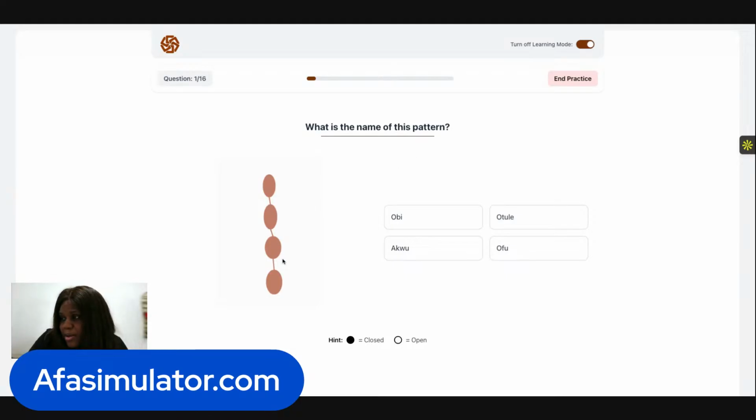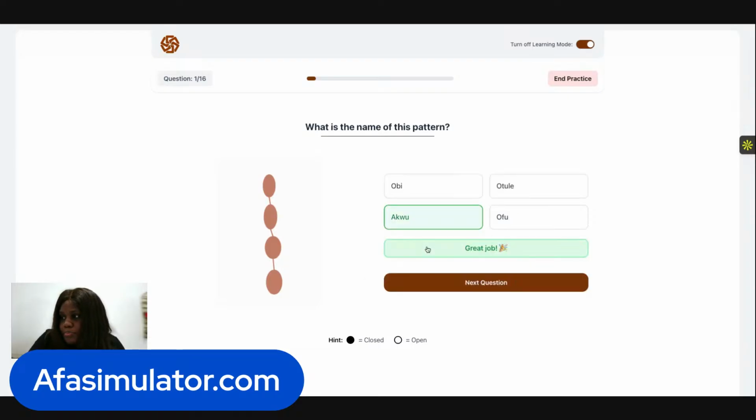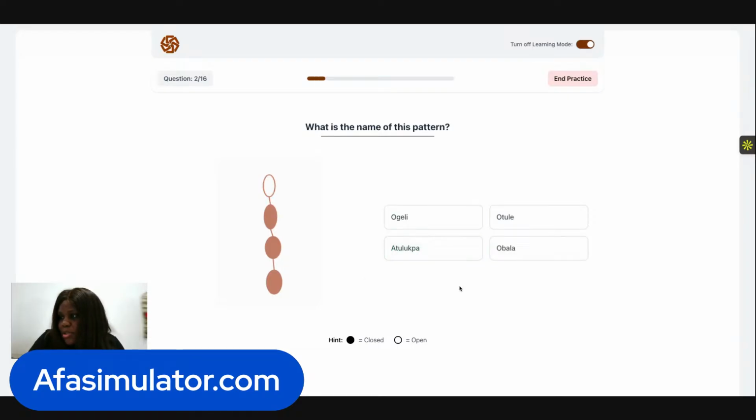Okay, so this pattern, like I told you before, we already know this is Aku. Next question. We already know this is Obala. We know this is Aka. This is the opposite of OD. This is Ogeli.